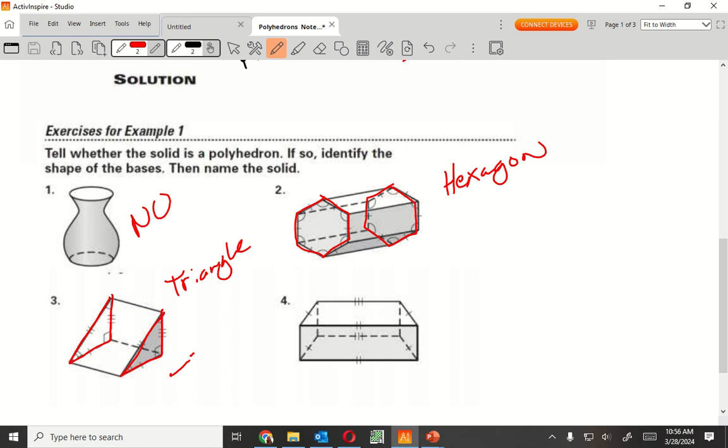All right, go ahead. I know you want to. Yes. You say yes, okay. So, what's the shape of the base? No. You don't know? Yeah, it's a rectangle. So this one, it looks like it could be like this. This is the 3D image of it. So it's a rectangle.